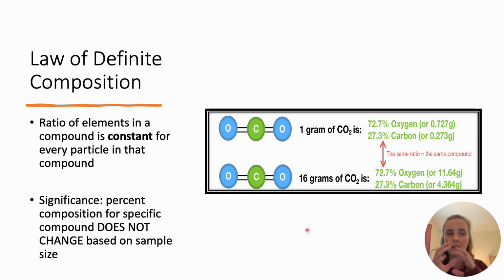That is the percent composition of the masses that make up CO2. So hopefully that helps make sense that you don't have to multiply anything, because CO2 fundamentally never changed. You just added more of it or less of it, but the compound itself doesn't change.